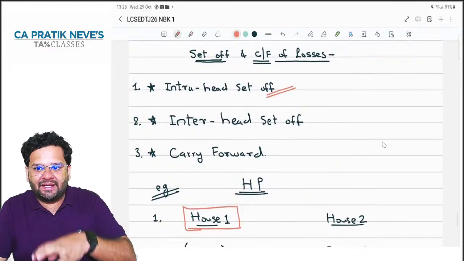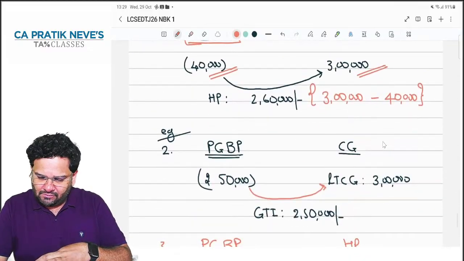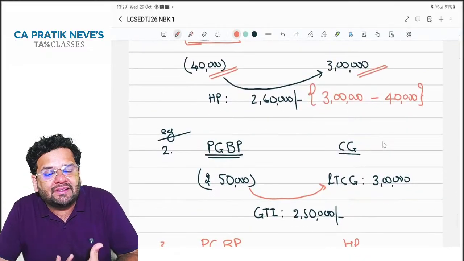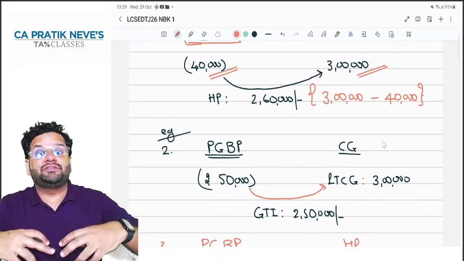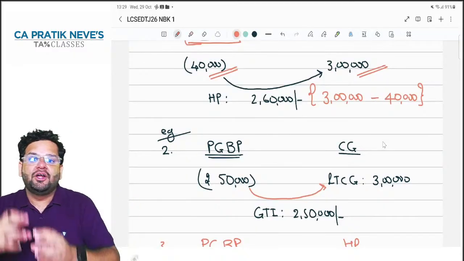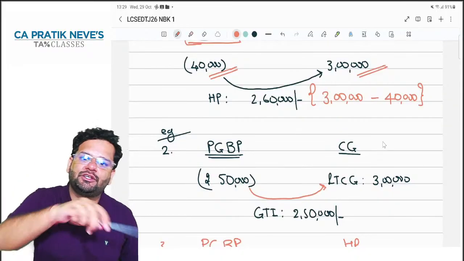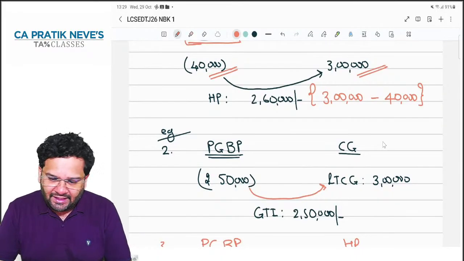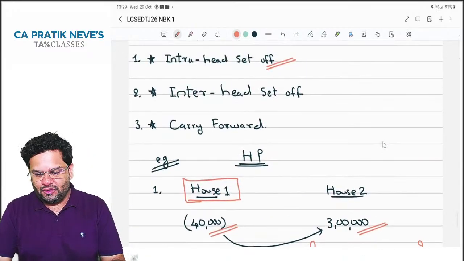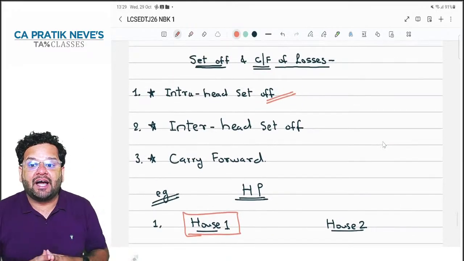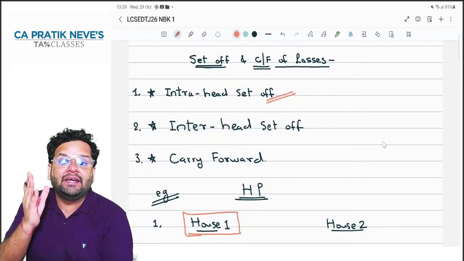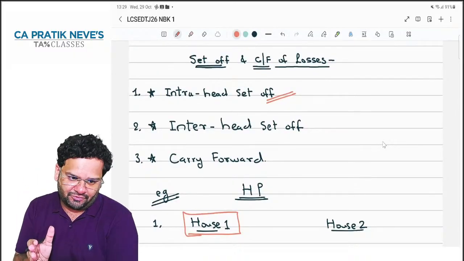After that, intra head set off, that way a lot of heads will have different sources of income. Loss of one source can be set off against income of another source, that is called intra head set off. So always, as a CA, I should try to do intra head set off first.